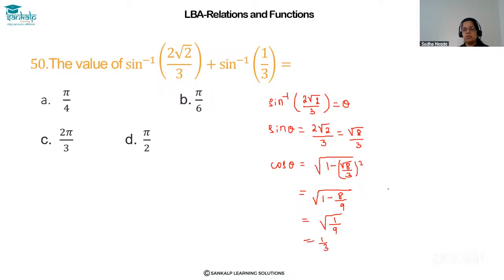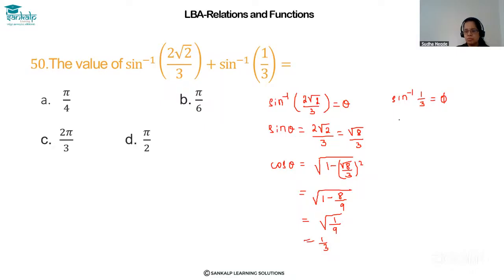Are you getting? Similarly, you take sine inverse 1 by 3 is equal to phi. Okay.